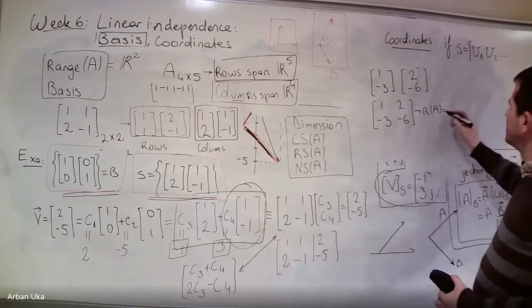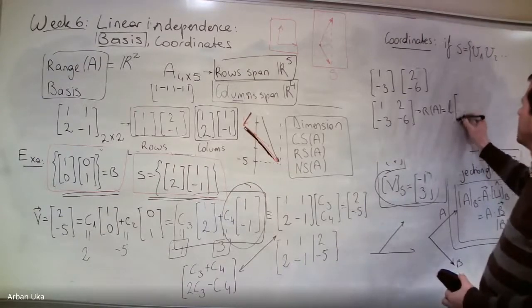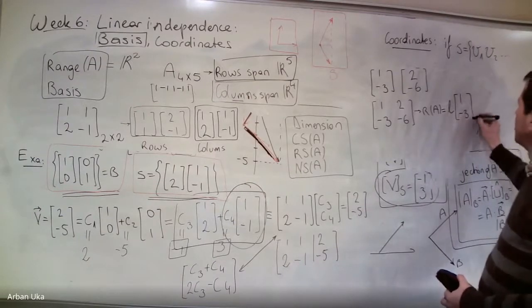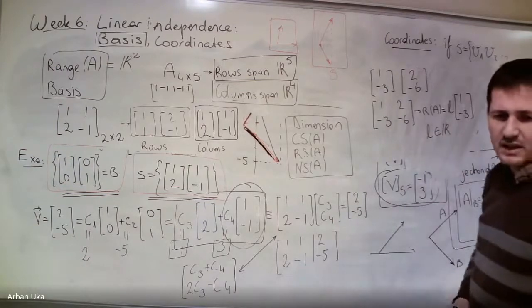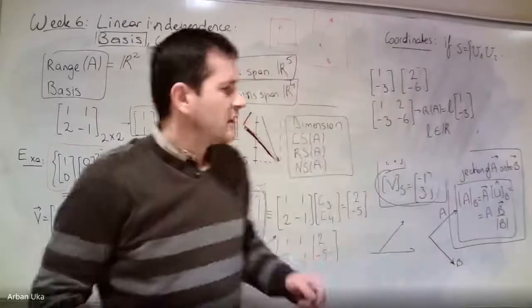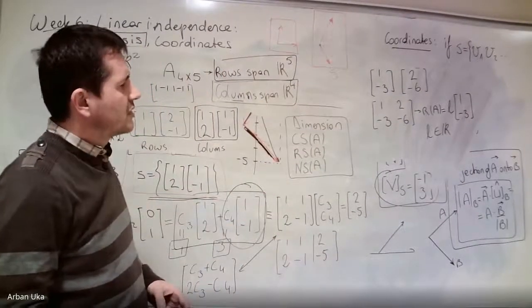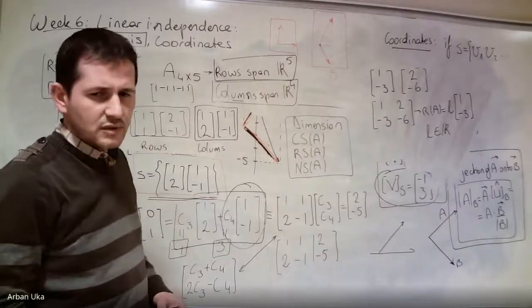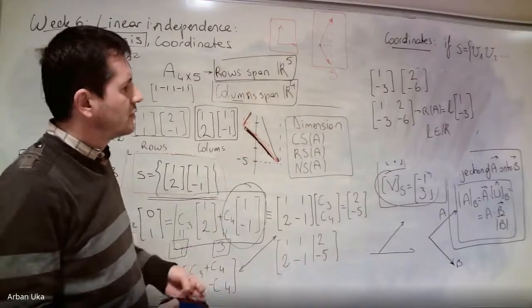But since they are linearly dependent, we can simply state that this is any constant L times 1 minus 3. Now L is a real number, which means that L can even be 0. So the range of A does include the 0, which means also that it is a line. Yes, what you said is true. I tried to put into numbers what you said verbally.